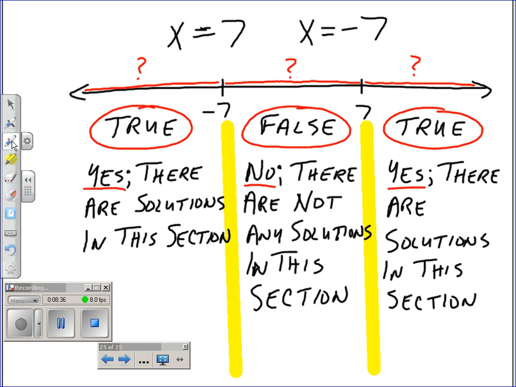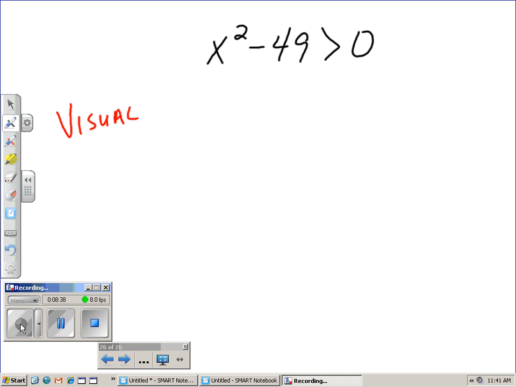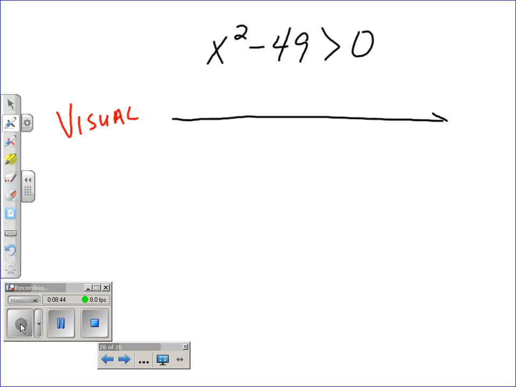So let's get a visual of where our solutions lie. Our original inequality was x squared minus 49 is greater than 0. You guys know I like to have a visual to see what I'm talking about. We decided that our critical values were -7 and +7. And we decided that we had solutions on this left segment, and we had solutions on the right segment.